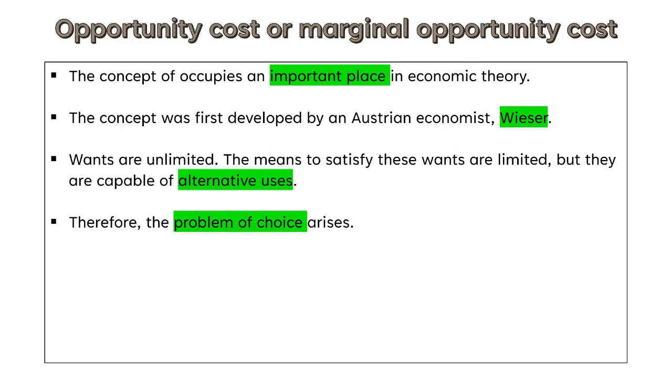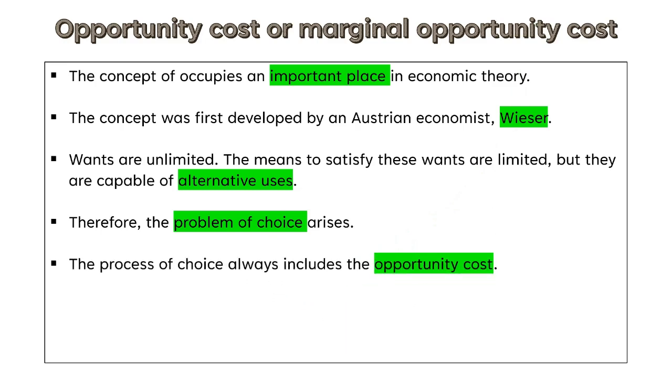Here the problem of choice arises. As the resources have alternative uses, the problem of choice arises. The process of choice always includes opportunity cost. Wherever there is scope for choice, the concept of opportunity cost takes place.